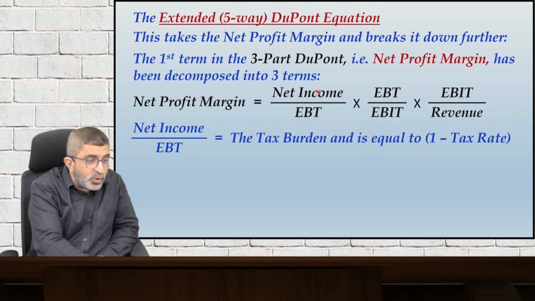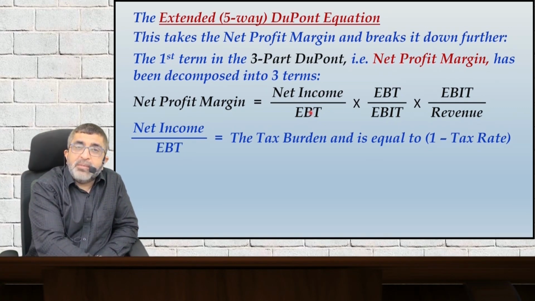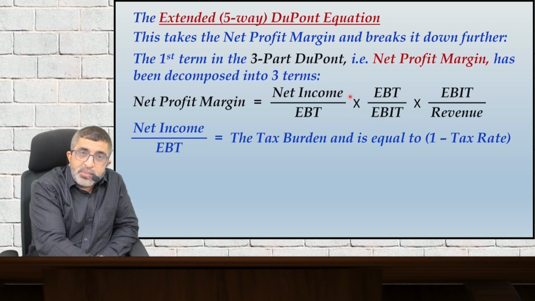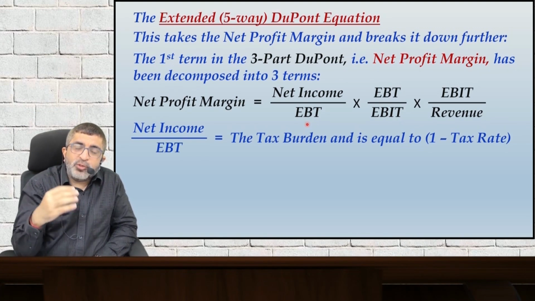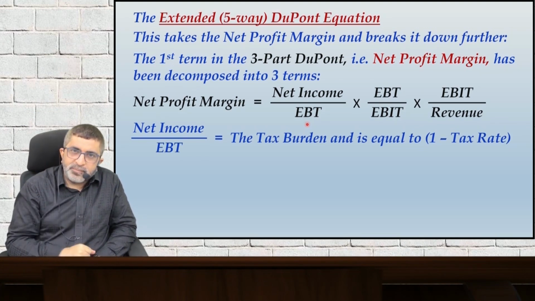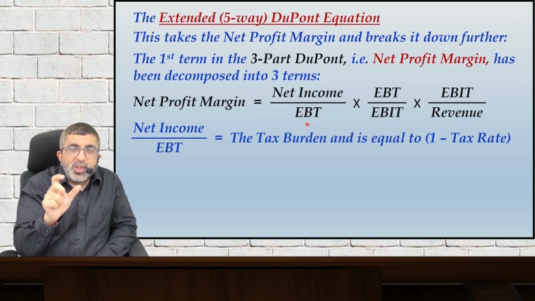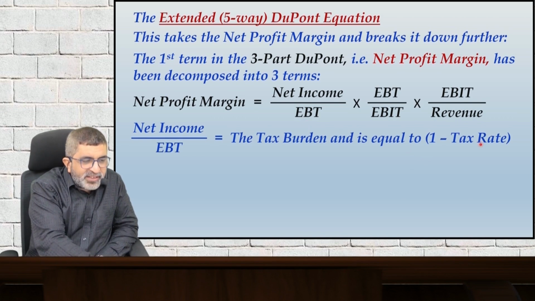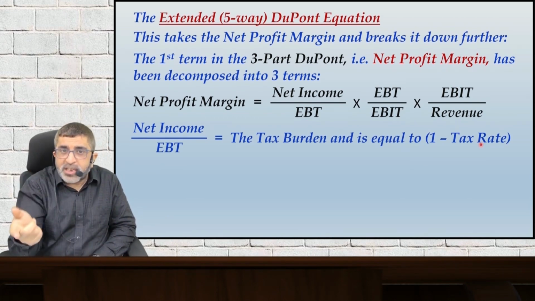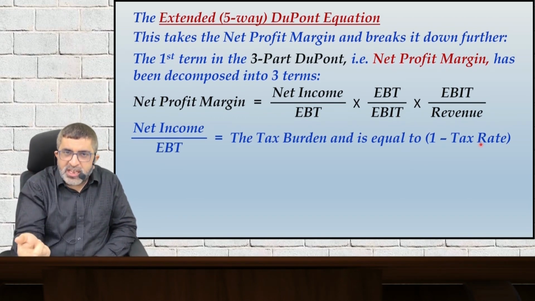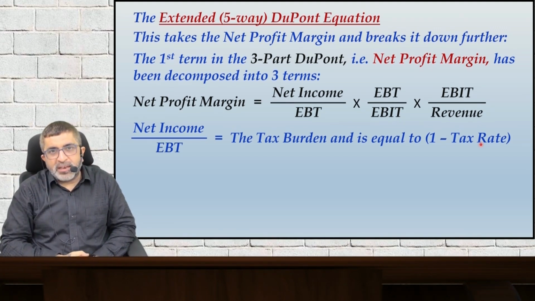So when you compute this ratio, net income divided by EBT, it will be 7,000 divided by 10,000. Correct? 7,000 divided by 10,000 will give you 0.7. That 0.7 is nothing but 1 minus tax rate, because tax rate was 30%. So 1 minus 0.3 is going to give you 0.7.